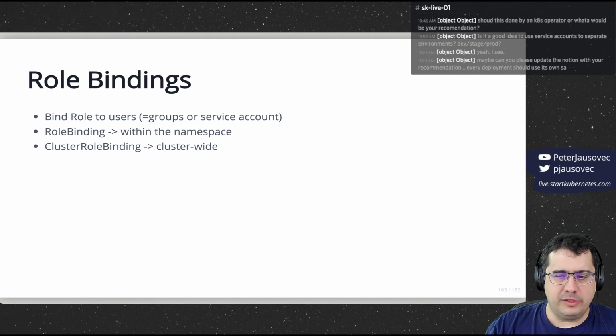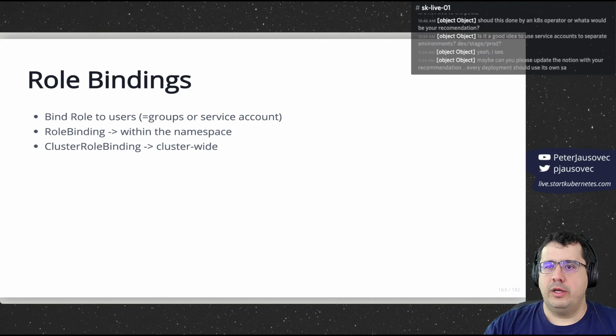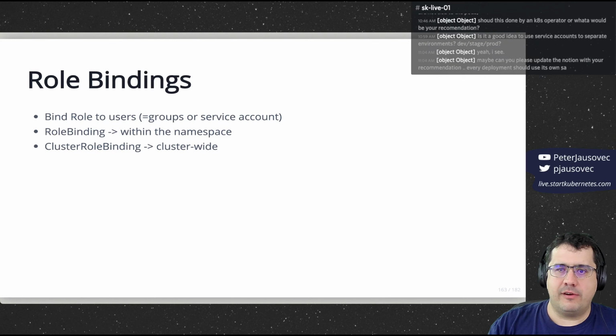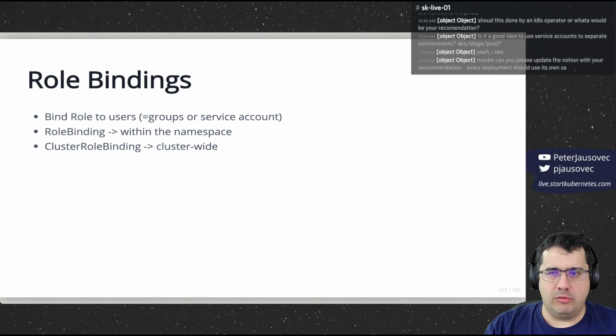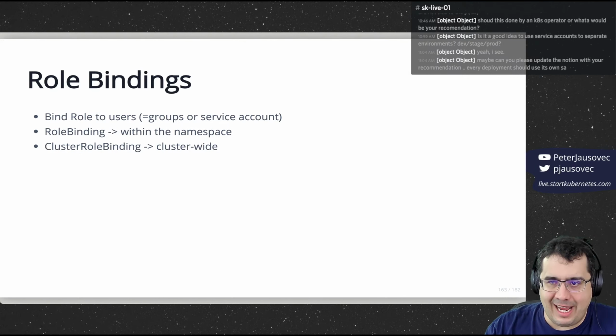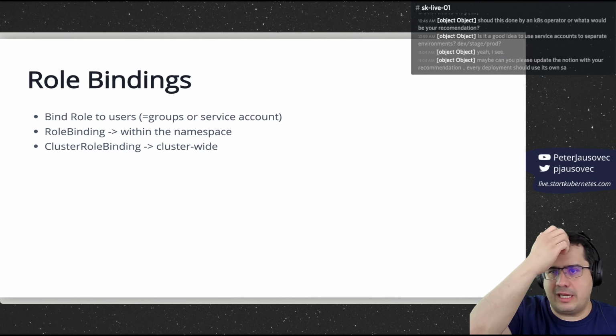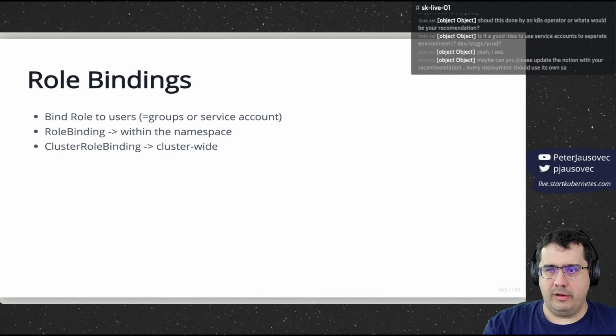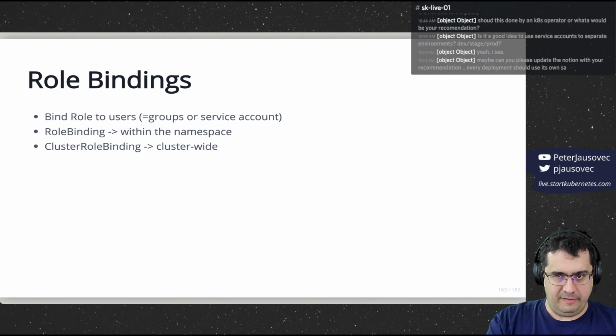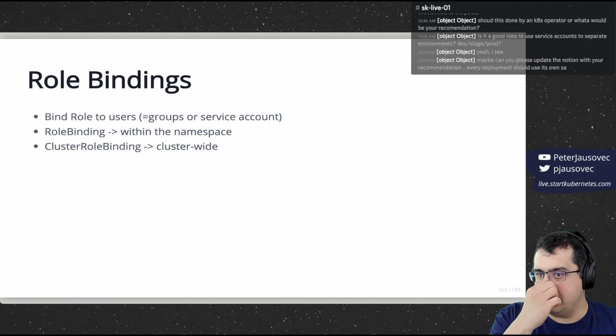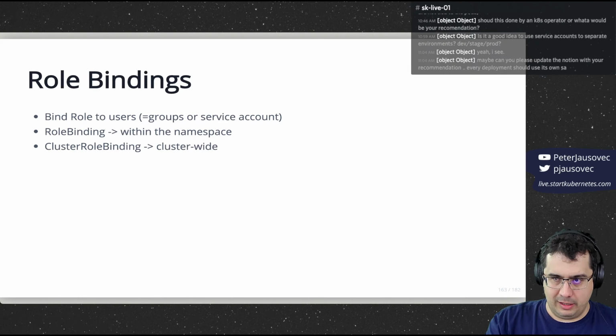You would use these two resources to bind the permissions from the role resource to the users or principals. The user in this case is a service account. Just like with the role and cluster role before, the role binding grants the permissions within the specific namespace, whereas the cluster role binding will do it cluster-wide.